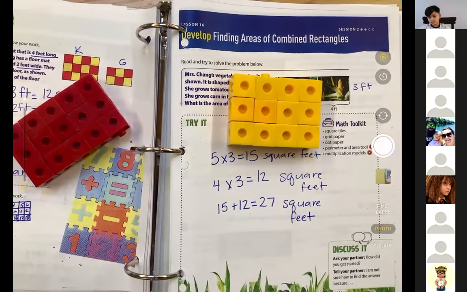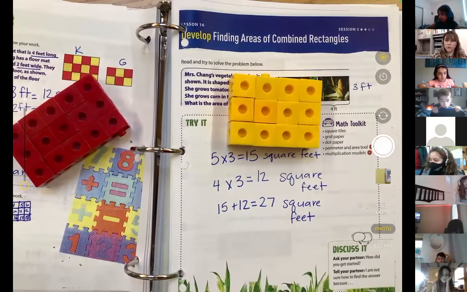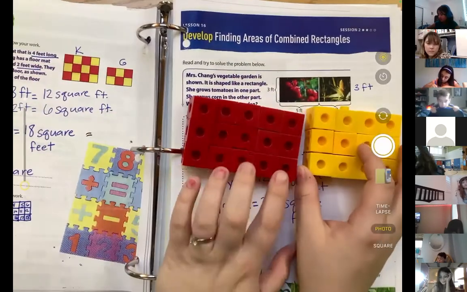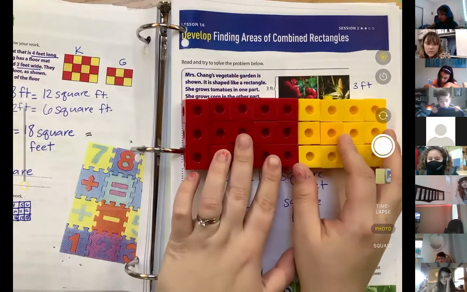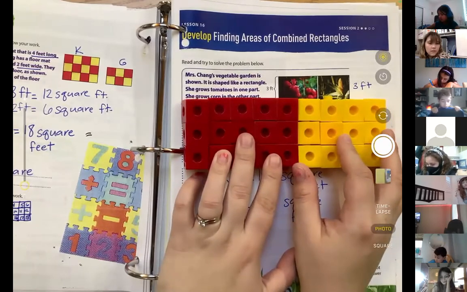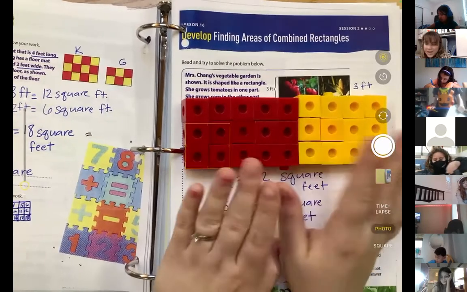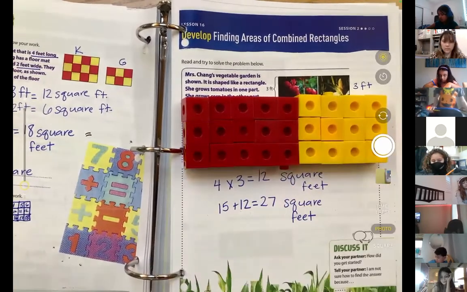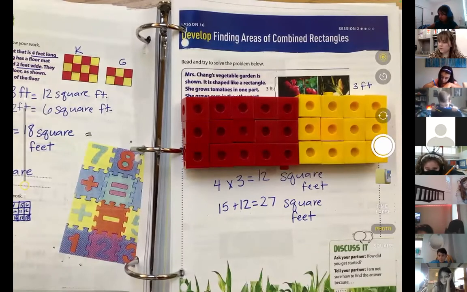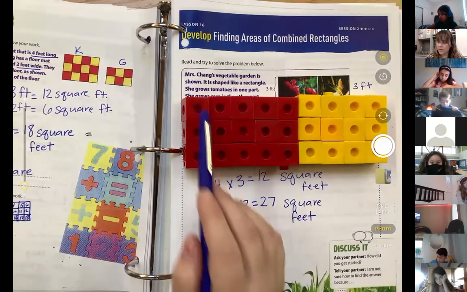Now, there's another way we could have done it, and I want to show you guys that. There's a reason I made these. I can take these two things and put them together. Now I have one big rectangle, right? So I'm going to get my length and my width.